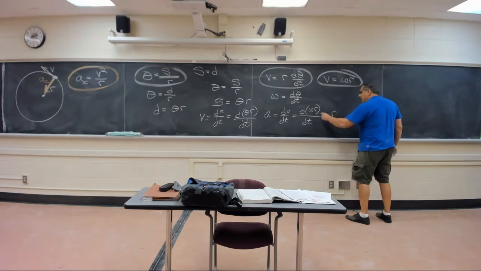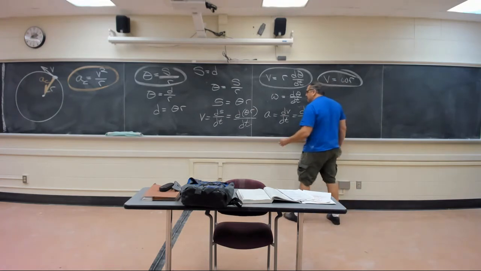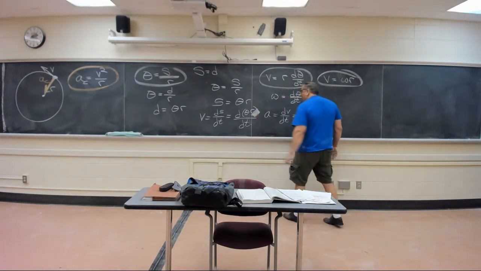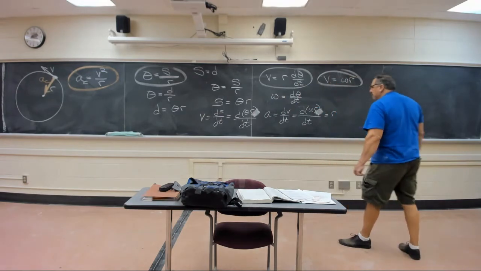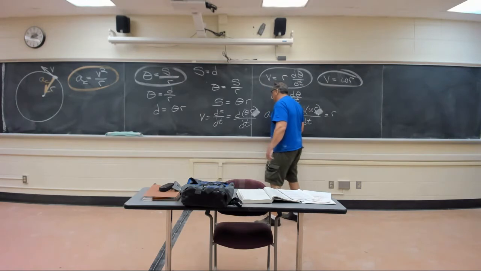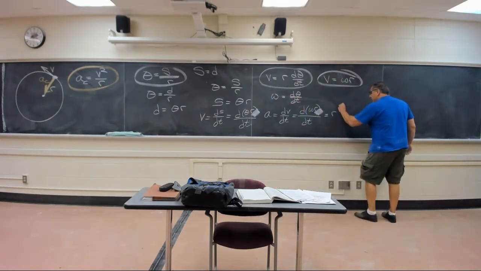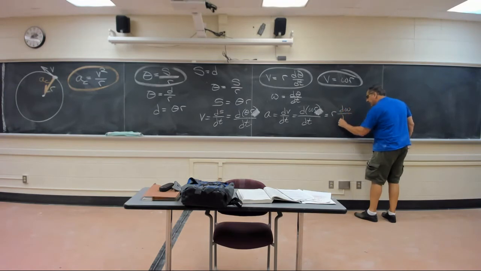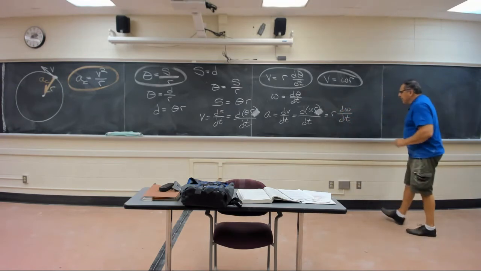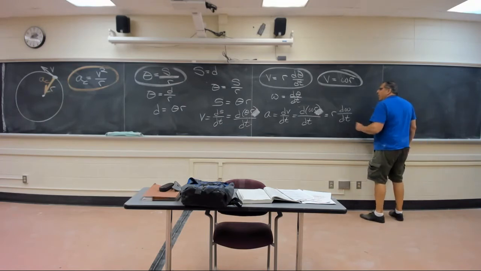The R comes out, it's a constant. If you're taking the derivative of a function times a constant, it is just the constant times the derivative of the function. The R comes out, and you get R times d omega/dt.